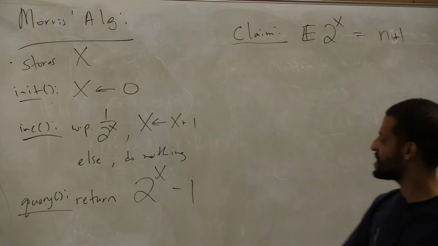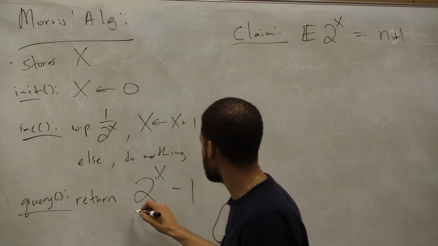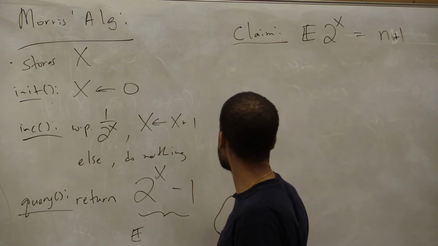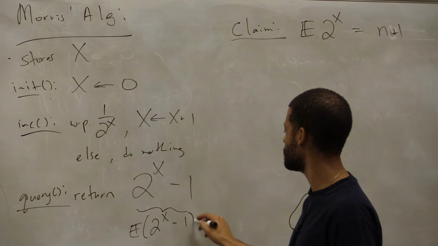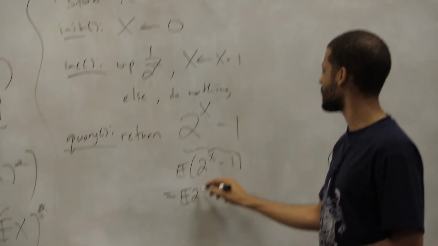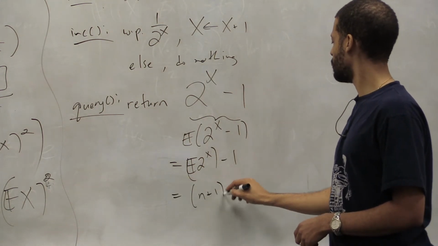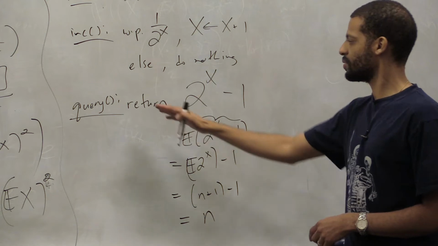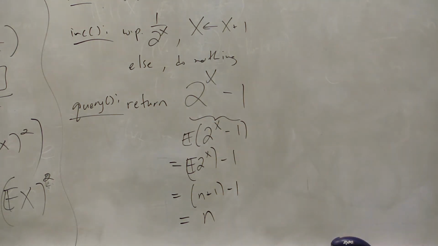Which now makes sense why Morris is returning this, because if this is true, which we'll see in a second, the expectation of 2 to the x minus 1, by linearity of expectation, is equal to the expectation of 2 to the x minus 1, which is n plus 1 minus 1, which is n. So the return from the query is at least correct in expectation. Okay? So let's prove this.